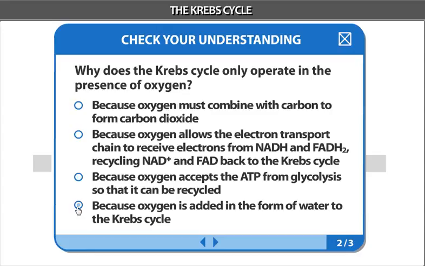Or because oxygen is added in the form of water to the Krebs cycle. The correct answer is: because oxygen allows the electron transport chain to receive electrons from NADH and FADH2, recycling NAD+ and FAD back to the Krebs cycle.